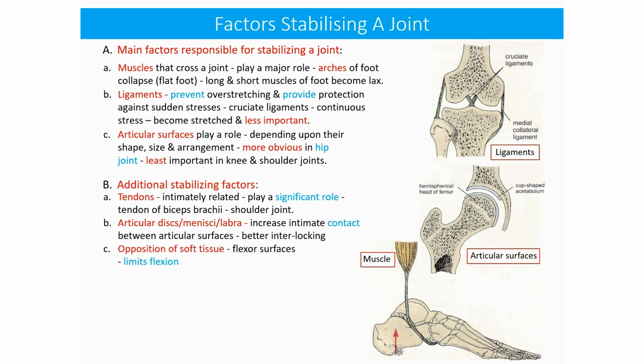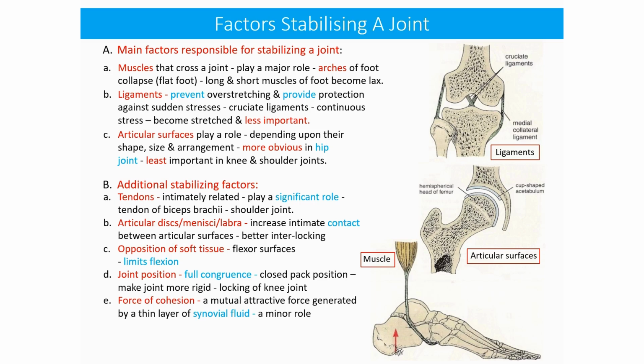Number three, flexor surfaces containing soft tissue limit the flexion at a joint. Number four, in close packed position, there is full congruence of the articular surfaces, which makes the joint more rigid, as seen in locking of the knee joint.